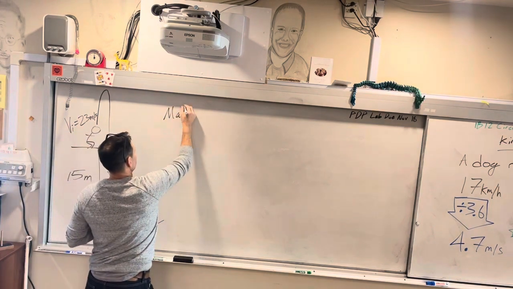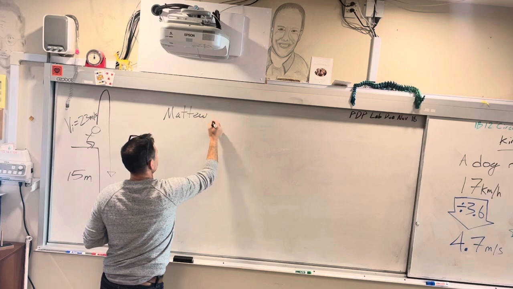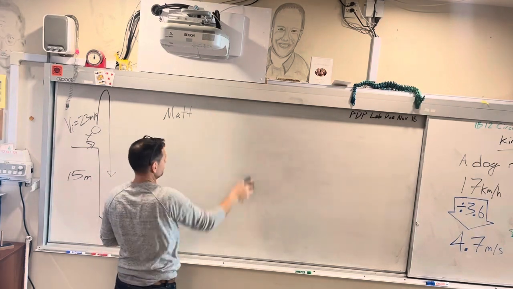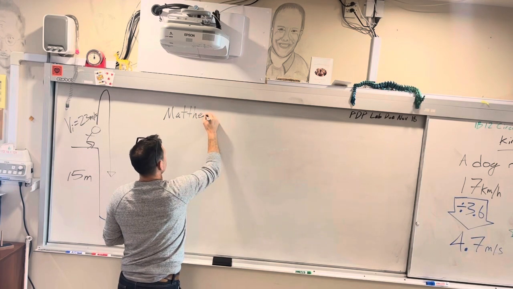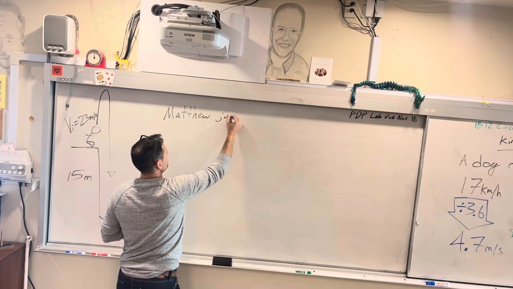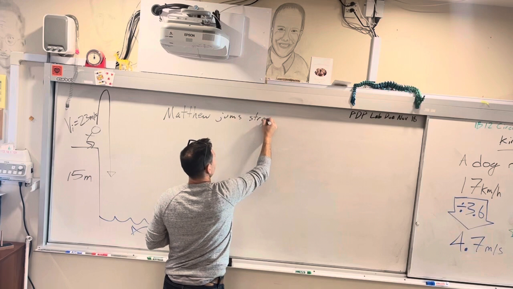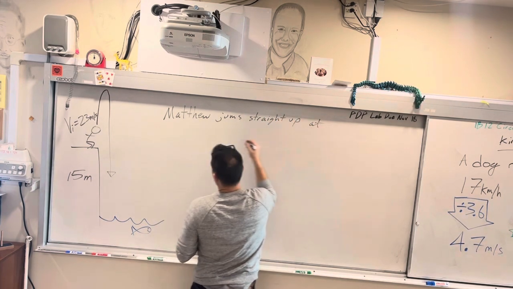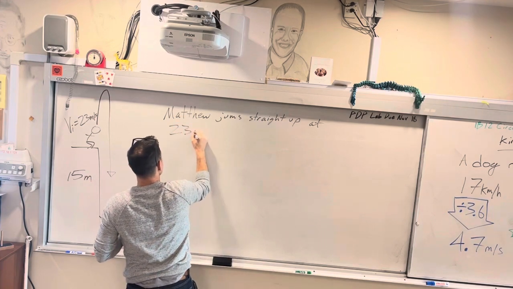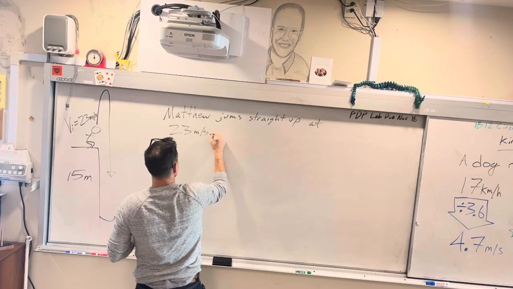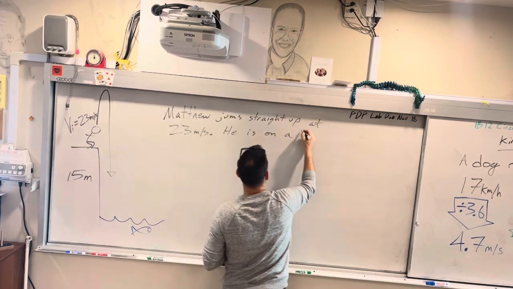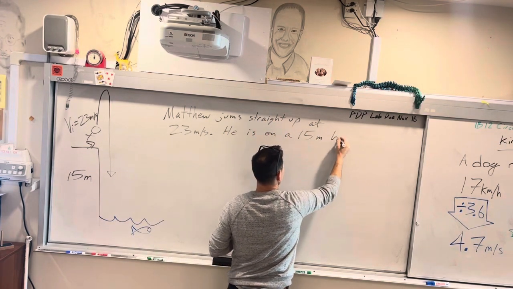So, Matthew, 2 T's in Matthew? Yeah. Okay. Matthew jumps straight up at 23 meters per second. He is on a 15-meter high cliff.